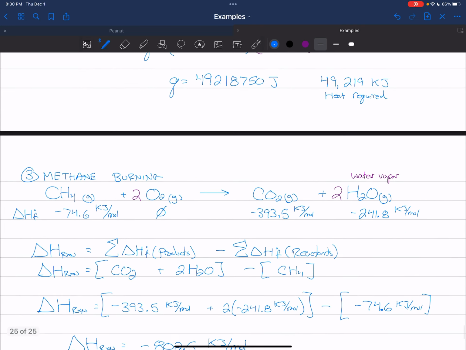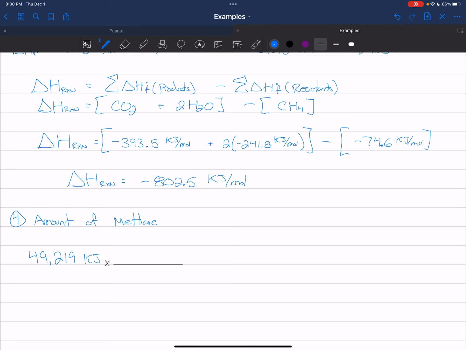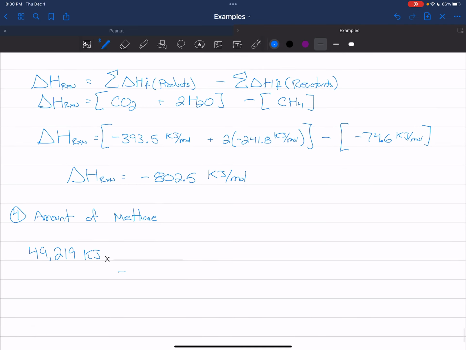I need 49,219 kilojoules of heat. And we're going to use some conversions here. So we have negative 802.5 kilojoules is 1 mole of methane.